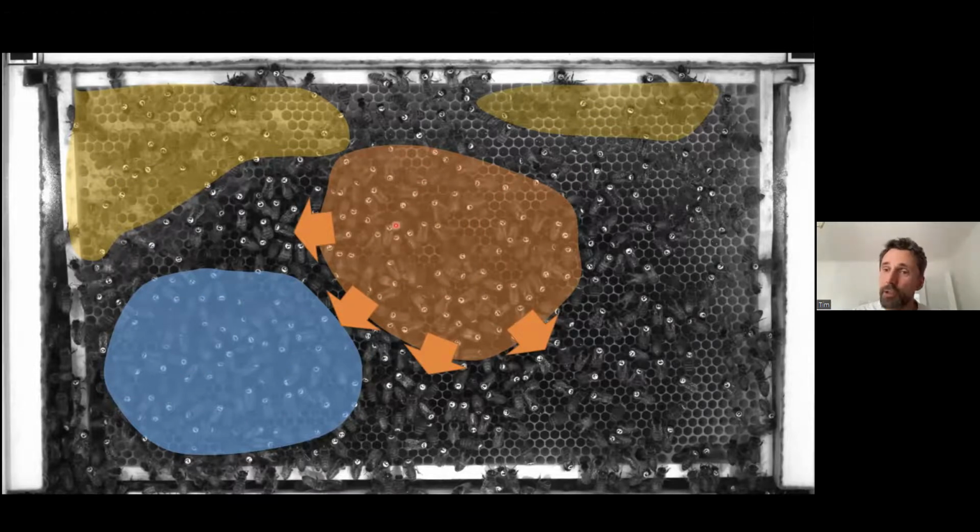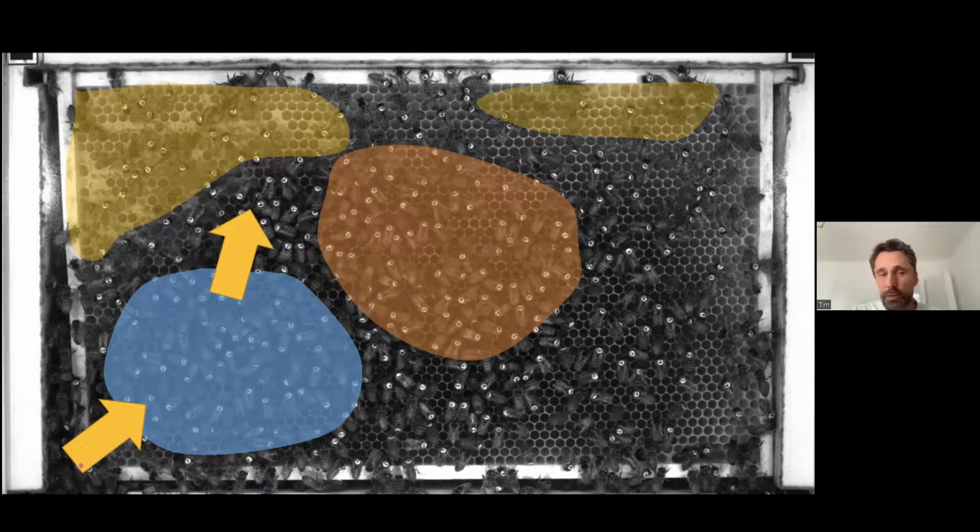And as they age and the next generation emerges, they are pushed out, becoming middle-aged bees in this intermediate area. And as they age further, they become nectar collectors, so foragers. They come in and unload food to the middle-aged bees. So it roughly makes sense, also spatially and in time.